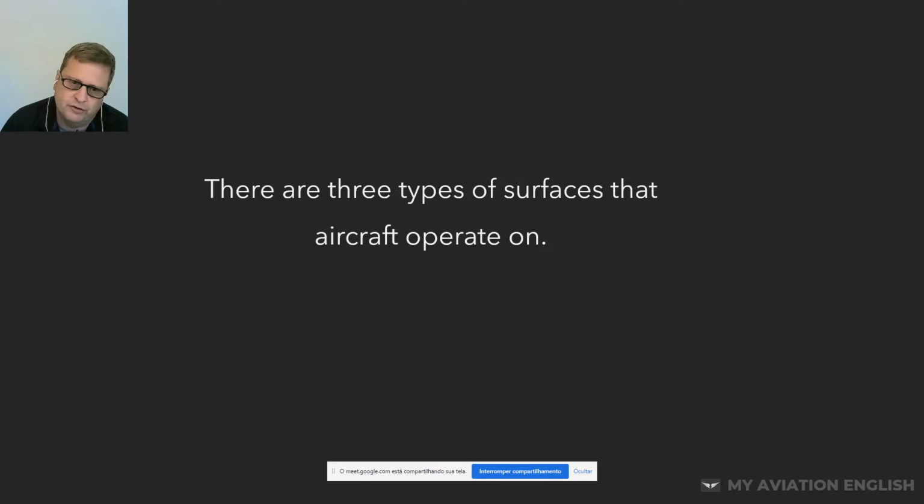Or should I read for you? Can you read this sentence? There are types of surface that aircraft operate on. Okay, three types.